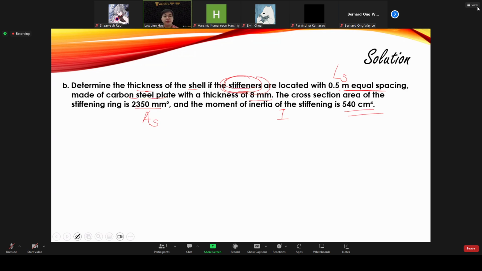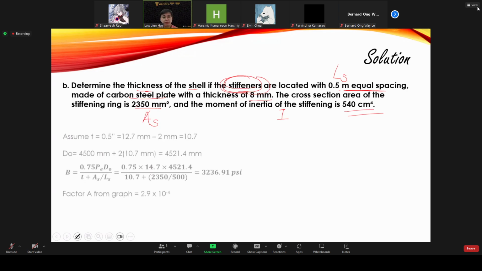So now they want to reinforce the pressure vessel by using the stiffeners. If we reinforce the pressure vessel by using stiffeners, they are asking what is the thickness of the pressure vessel that we need to fabricate?